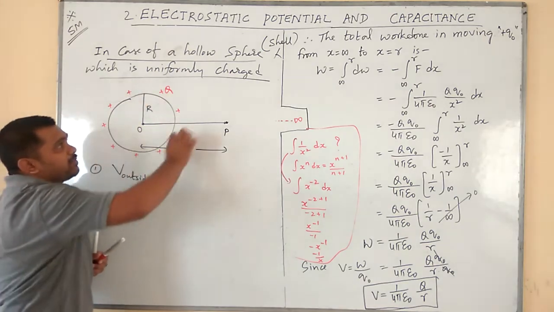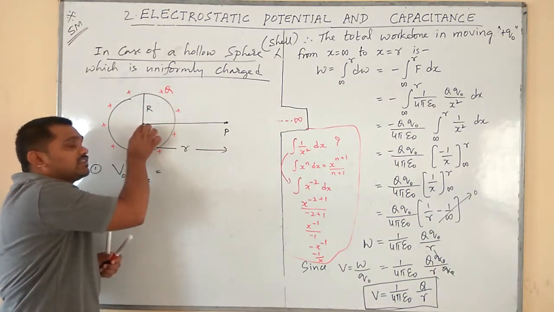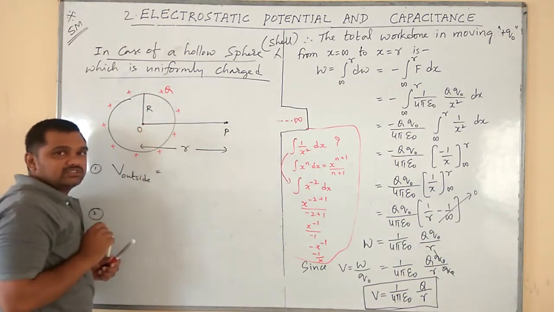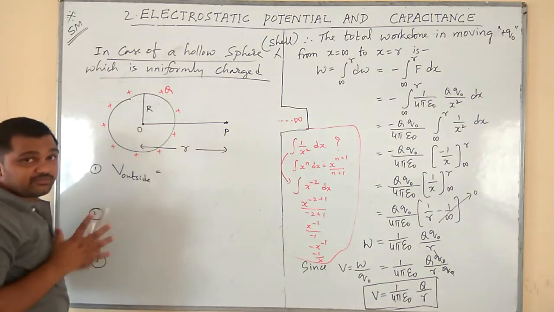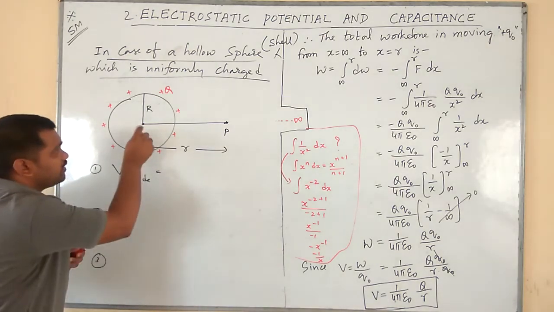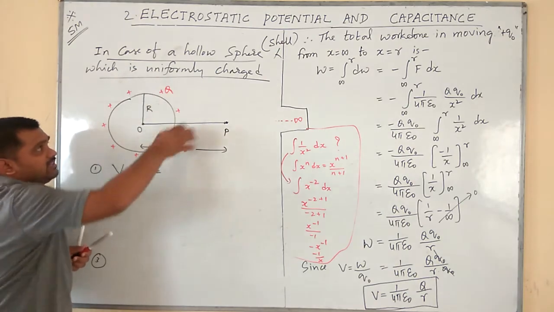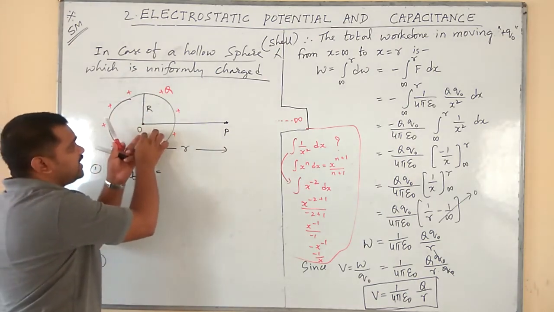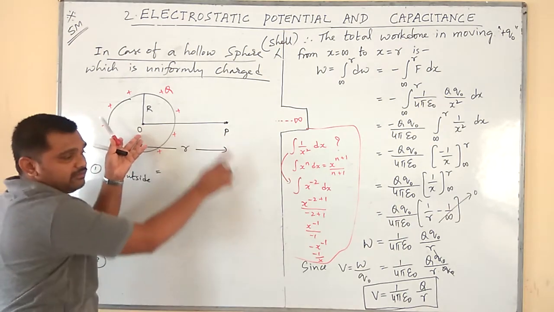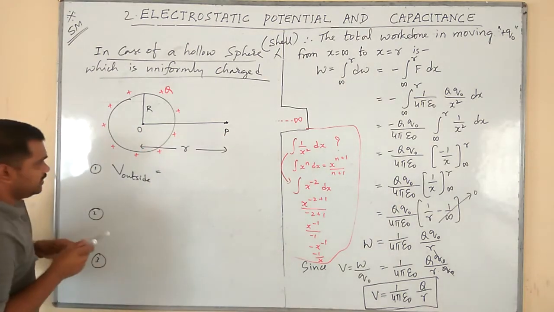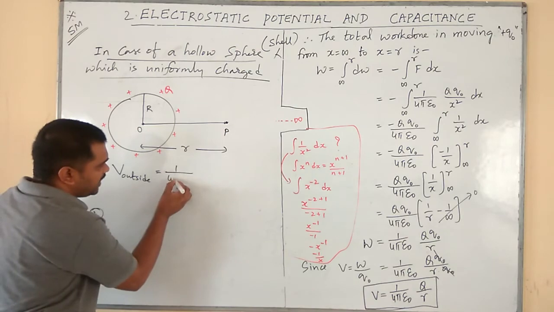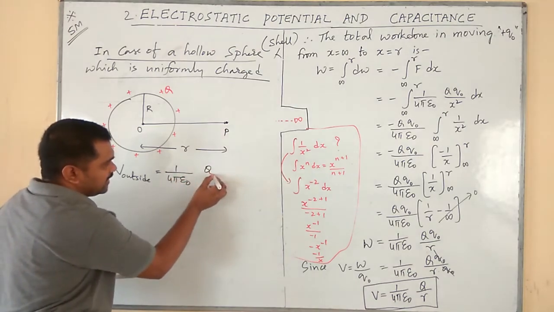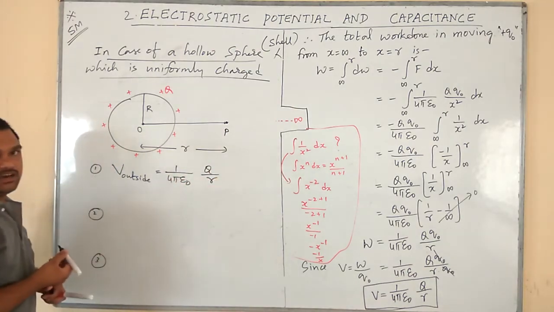Though the charges are present here, we have to consider them at center O, just like the concept of center of mass. Now if you take these charges as a single isolated charge, from this charge at this point the potential will be that much. Therefore, it is given by 1 by 4 pi epsilon naught q divided by small r.